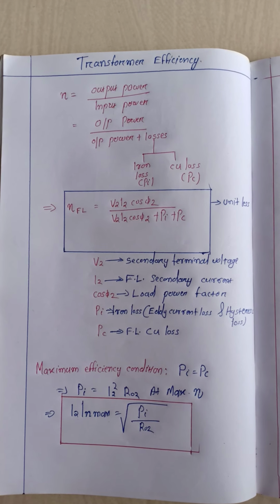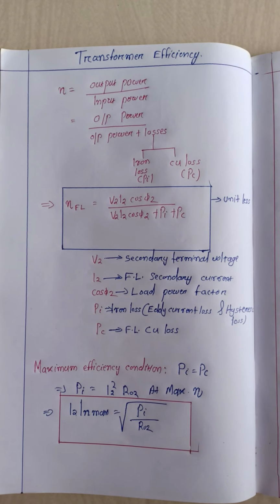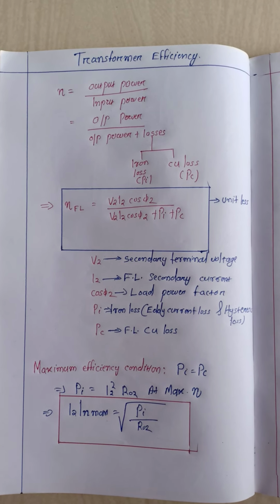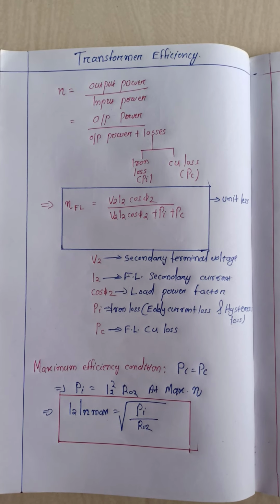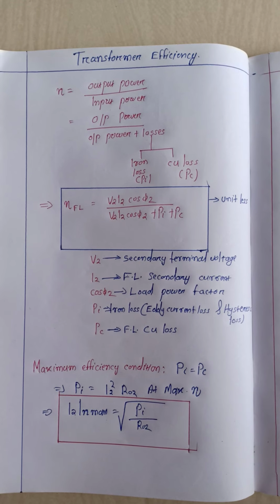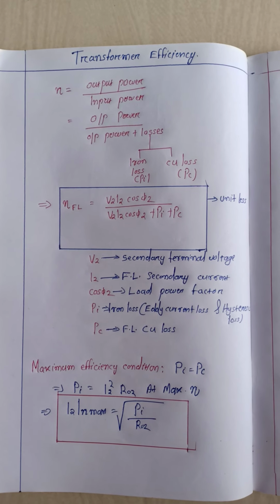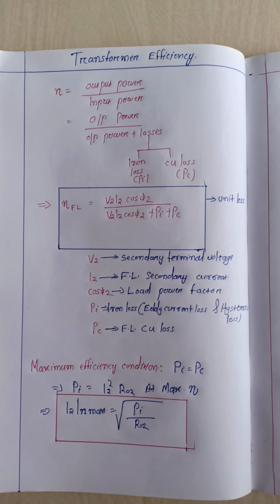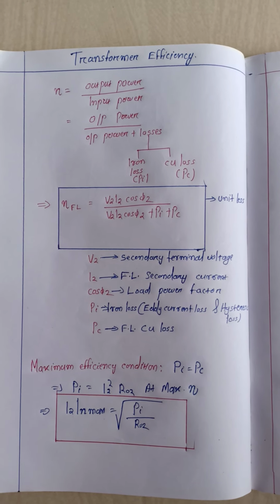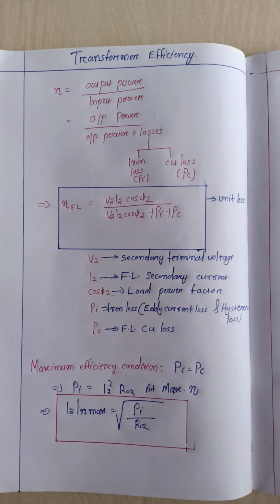Here I have written the efficiency equation at full load condition. So what is the value of the efficiency at full load? Equal to V2I2 cos phi 2 upon V2I2 cos phi 2 plus Pi, that is iron loss, plus Pc, that is copper loss. So here Pc is the full load copper loss and Pi is the iron loss.